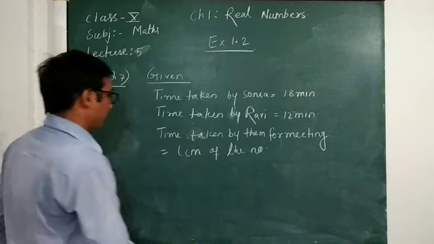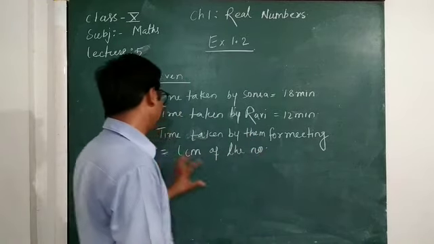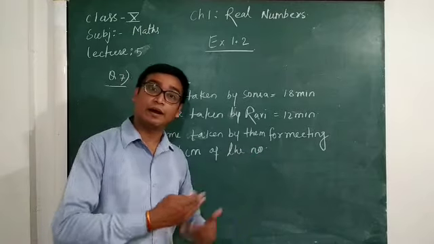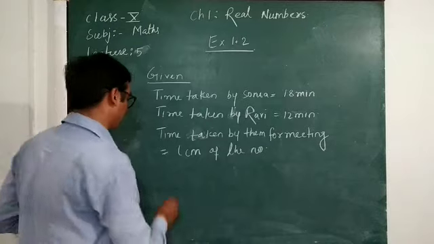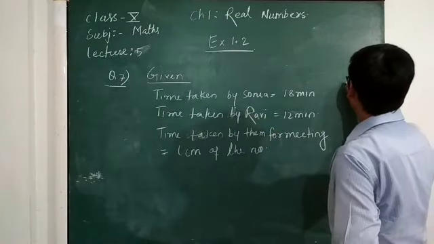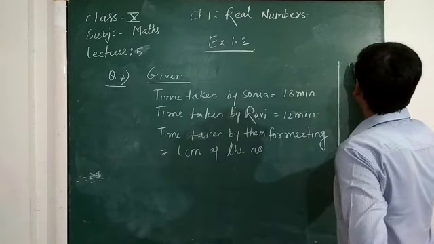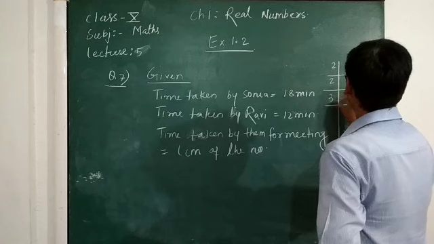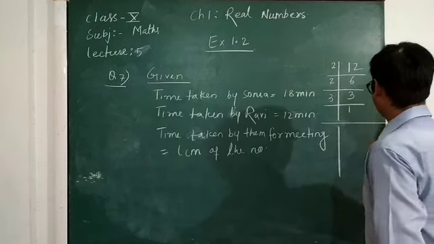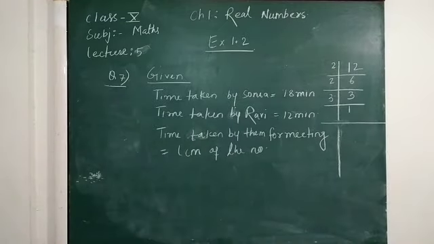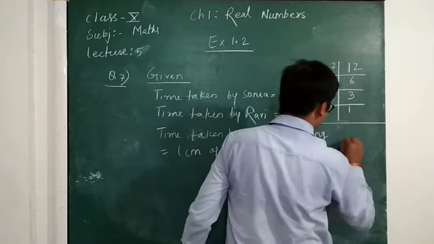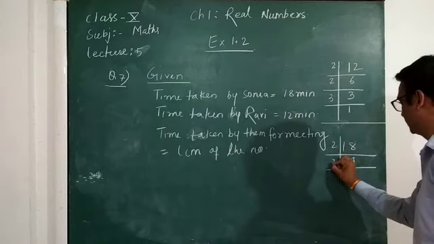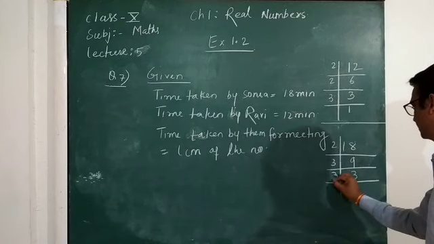The time taken by them for meeting again, as given in the question, at what time they will meet again, is nothing but the LCM of the numbers. So first we will take the LCM of 12: 2, 6; 2, 3; and 3, 1. Now for 18 again: 2, 9; 3, 3; and 3, 1.